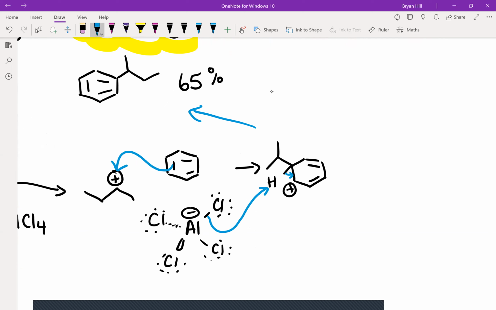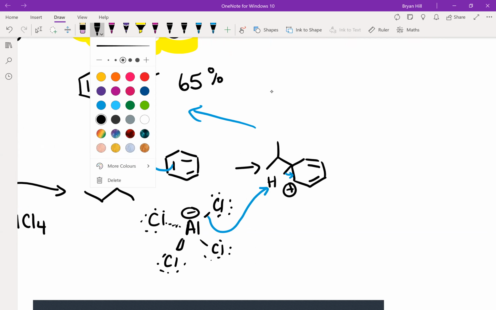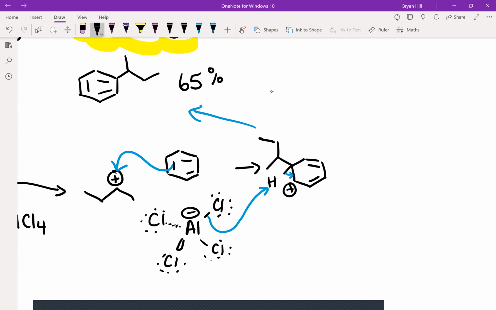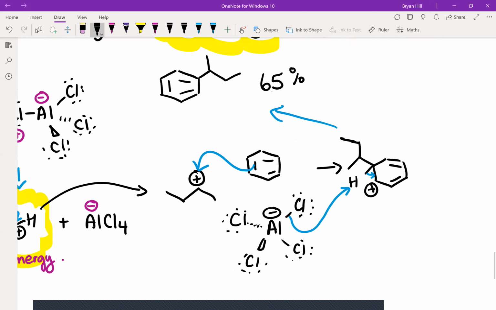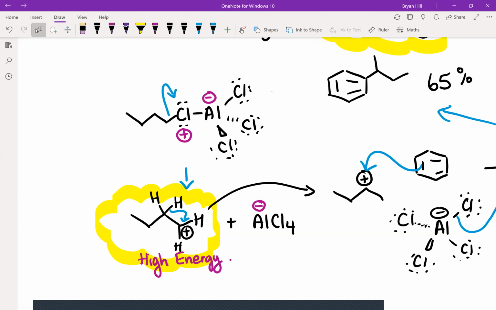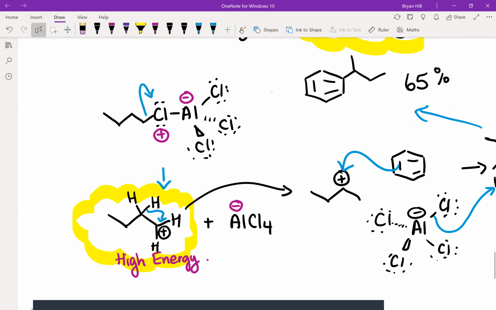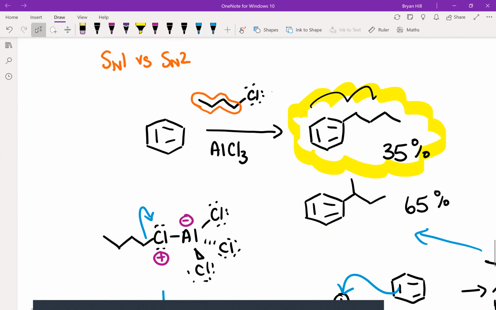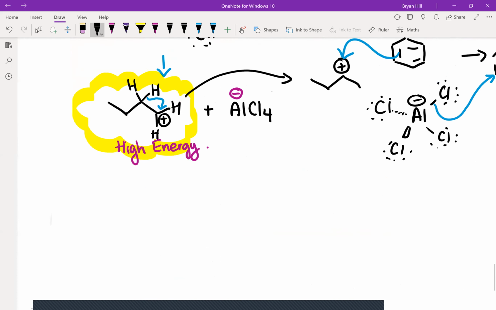So the Friedel-Crafts alkylation reaction has a series of different issues with it. With primary alkyl chlorides, for example, you get rearrangement. So this is a common product. Let's talk about some issues here.